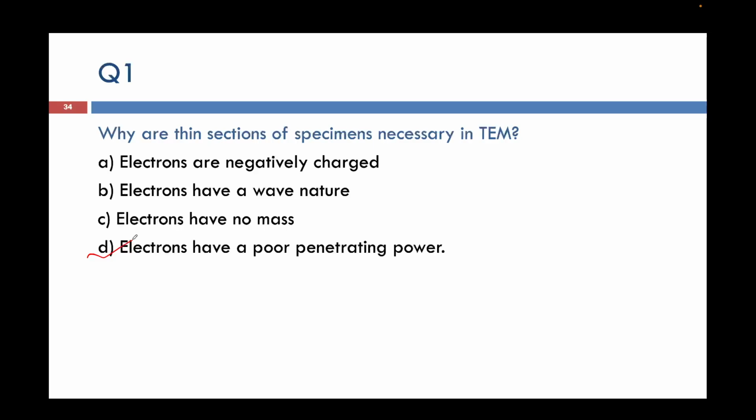The penetrating power of an electron is close to 100 nanometers, but when we put the sample in our specimen holder, we bring it to more or less the 5 to 20 nanometer range. There are different TEM specimen preparation methods, which I think we are going to study next week.